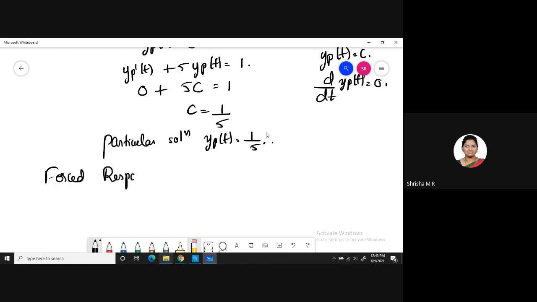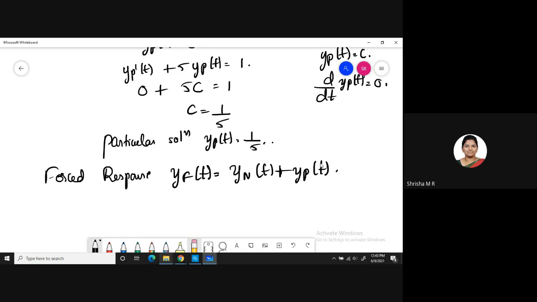The forced response of the system is given as yf of t. It is the summation of yn of t plus yp of t, right? So the forced response is the natural response plus the particular response.